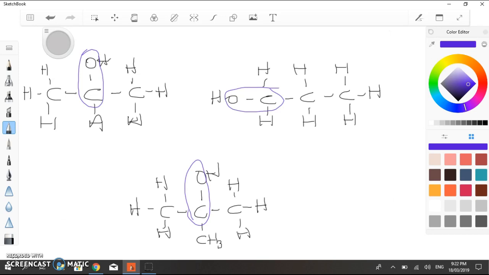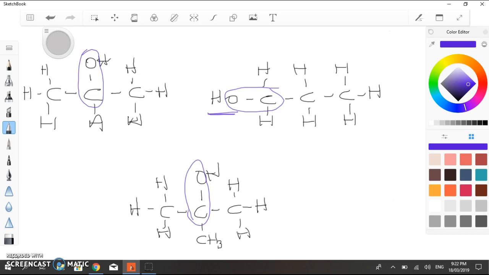That is why, on this particular one, I have it drawn as HO rather than OH, because that way you can see the bond is between the carbon and the oxygen. And that is something you should always do if you have an OH on the left hand end of your carbon chain.